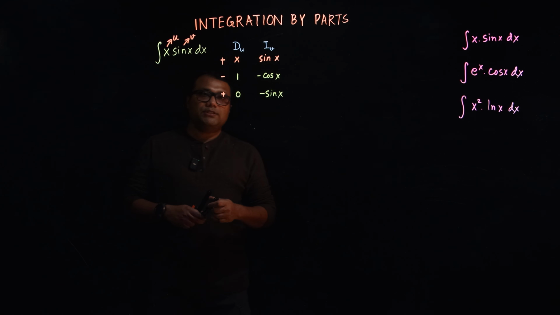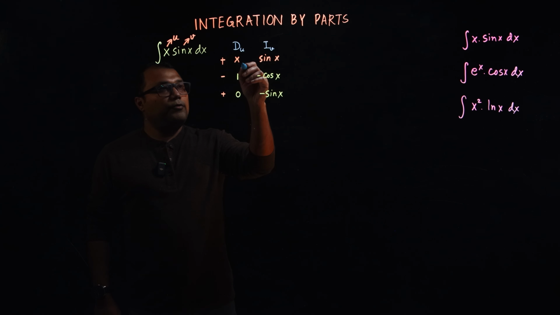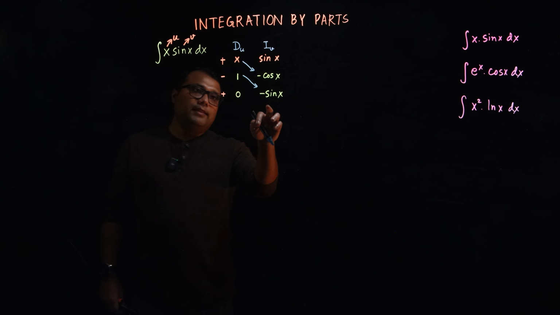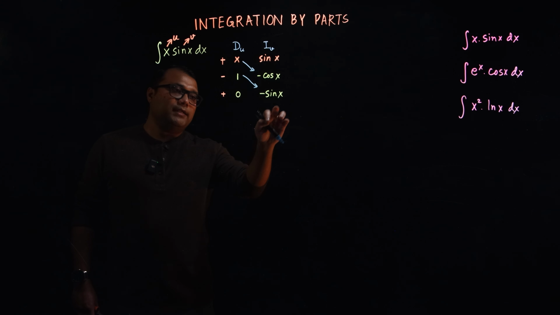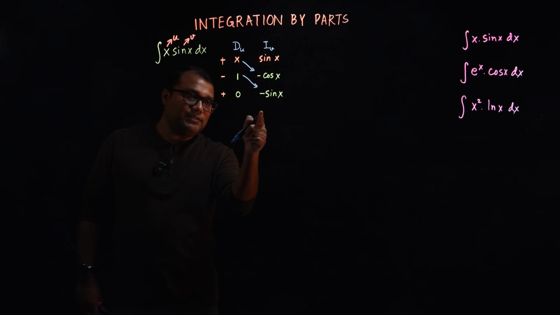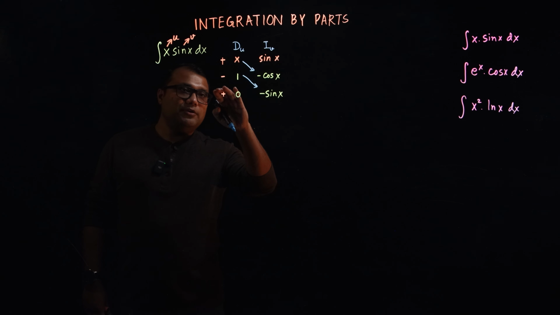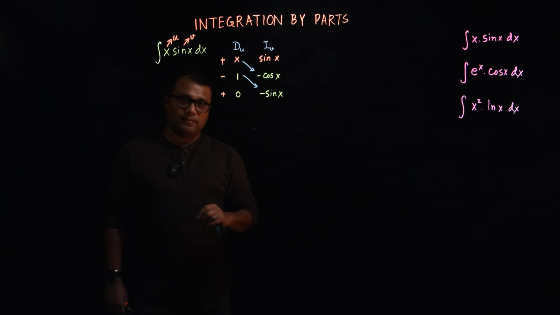Now that we got this table, we will multiply this with this with this, and see one thing. Next time if we had integrated minus sin x, we would have got cos x, but if I multiply 0 with that, it becomes 0. So, we do not need to go beyond this step.